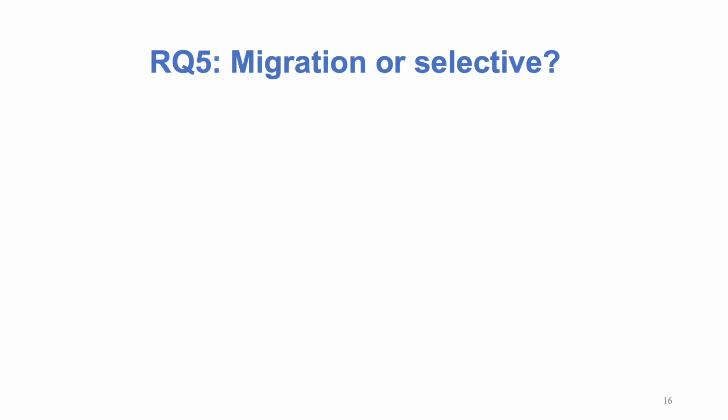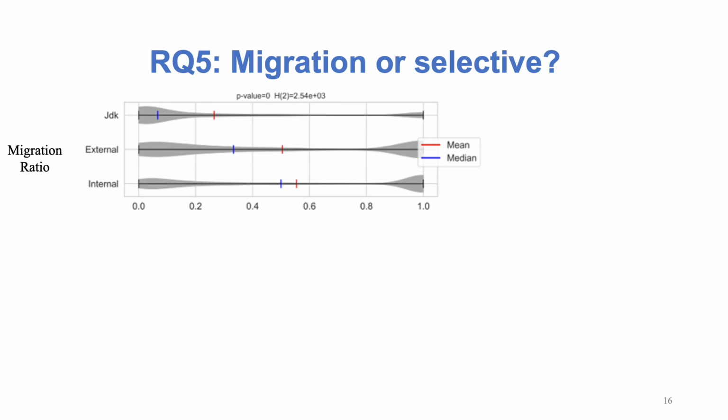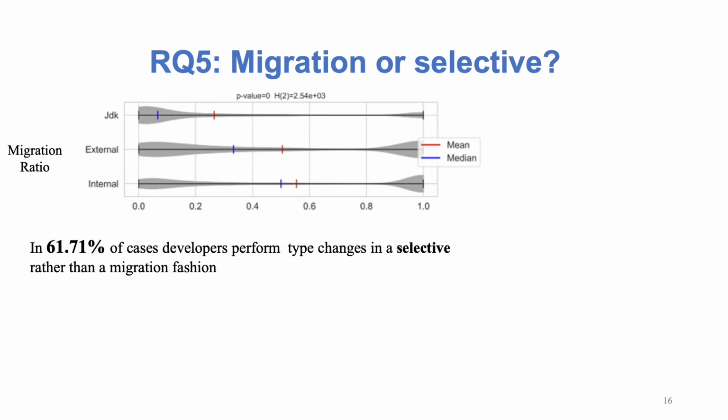We finally investigate in what mode does the user apply these type changes, a selective or a migration. That is, are particular elements of a particular type updated, or are all elements of a particular type updated? We found that in 61.7% of the cases, developers perform type changes in a more selective fashion than a migration fashion.